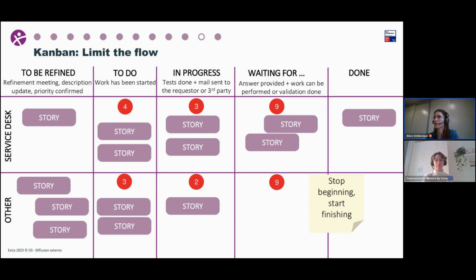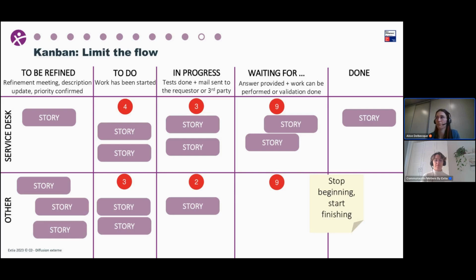So for instance, here you can say that the max for the in progress is 3. You cannot have more than 3 user stories. And you can put a higher number for the waiting for, because you know that you will need some time before having an answer. So that's okay, you can put 9.